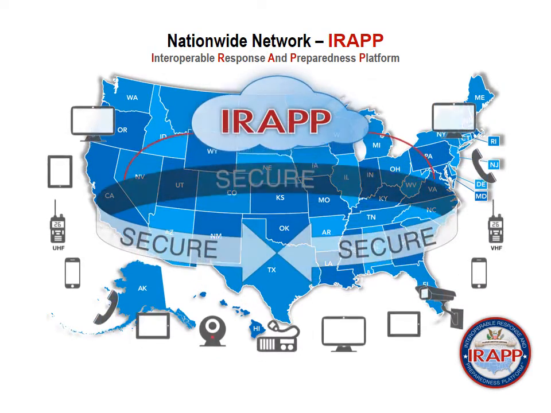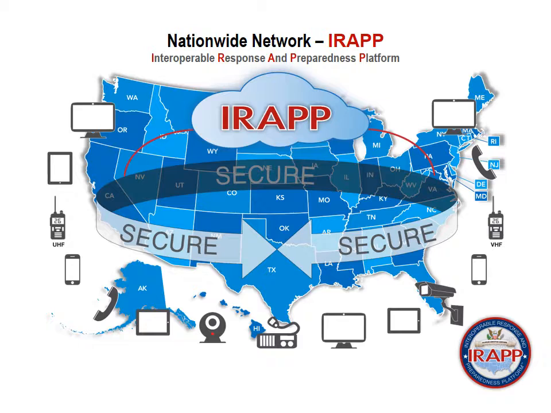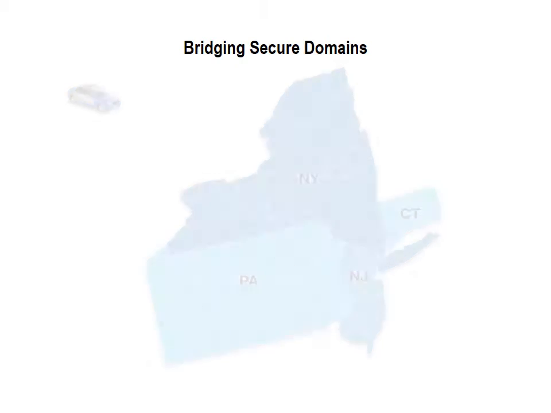The secure nationwide network is called the Interoperable Response and Preparedness Platform, or IRAP network, which brings all Mutualink agencies together. The IRAP network is transport agnostic, device agnostic, and media agnostic. It leverages your current communication assets and incorporates new devices as needed.